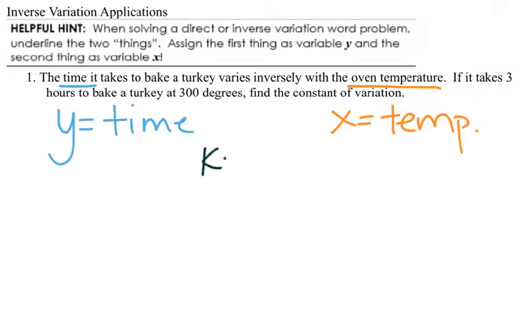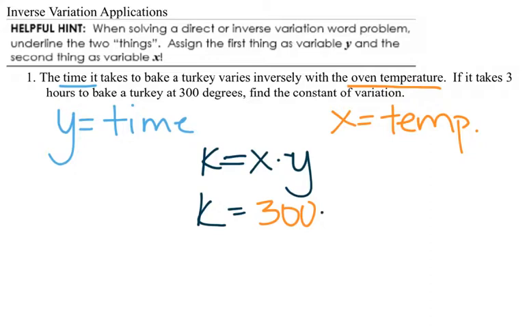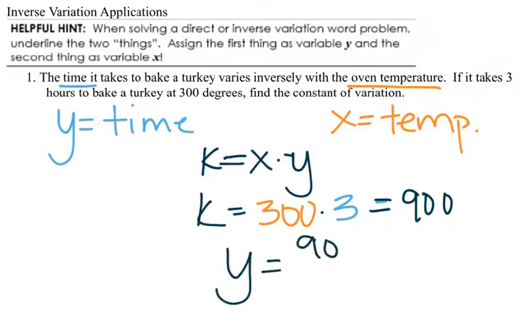Remember that the constant is going to be equal to x times y. So k equals, x is my temperature, 300 degrees, times y, how long it takes, so 3 hours. If I multiply those together, I get 900. So my constant is 900. Now I can write the inverse variation equation, 900 divided by x.